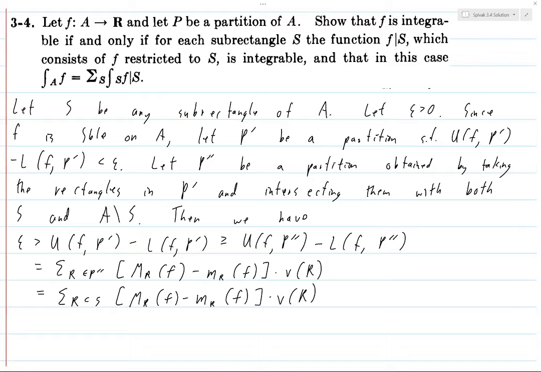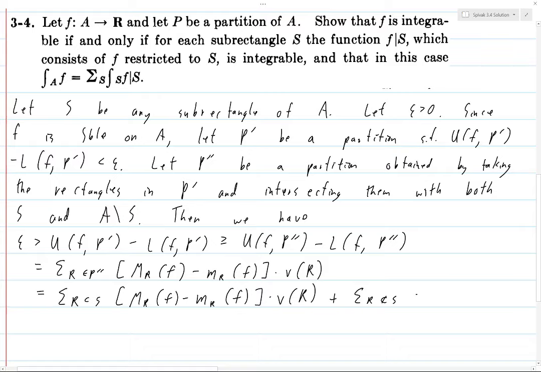But wait, let's think about this. So, right, the sum over all rectangles not in S, then I'm just going to put a dot because it's literally the same thing.